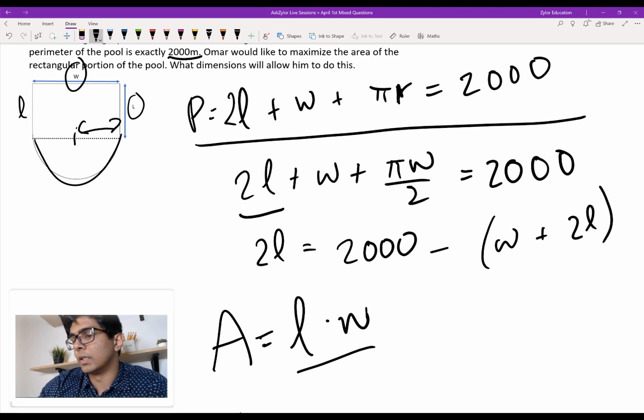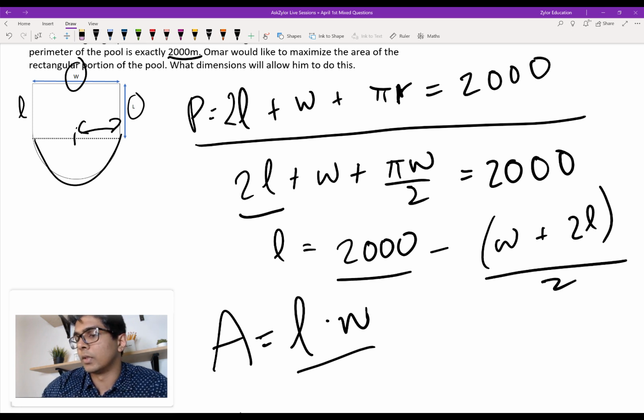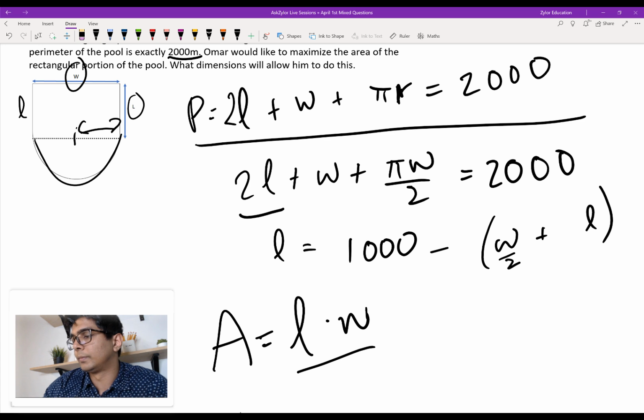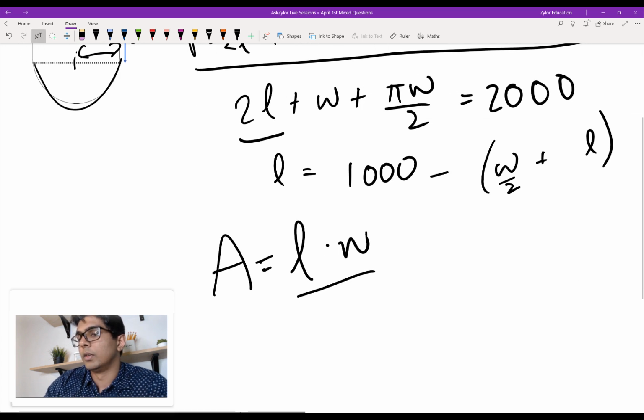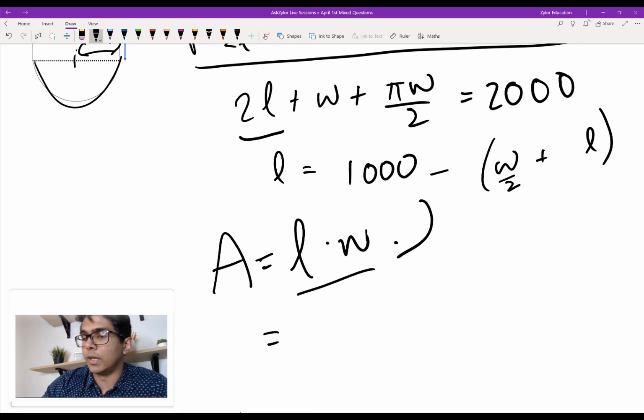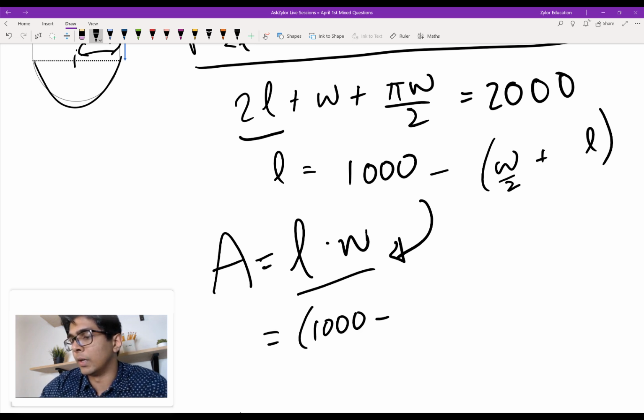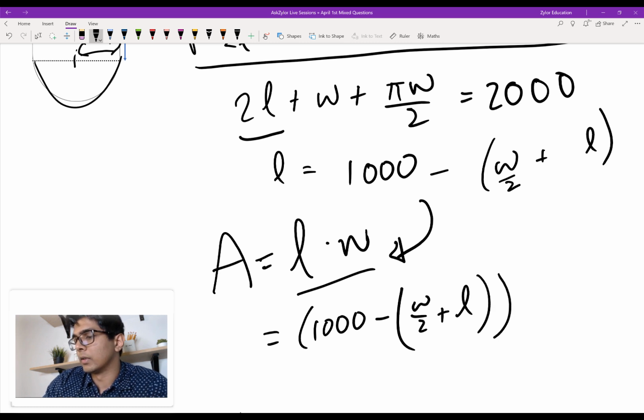If I want L by itself, I'm just going to divide everything by 2 to give me 1,000 minus pi W over 2 plus length. So then I can plug that into my area equation. Right, so I have 1,000 minus pi W over 2 plus length times length. Sorry, times width.